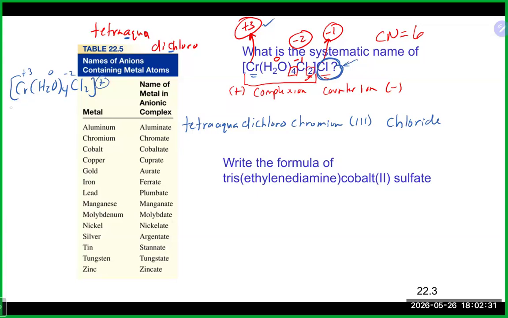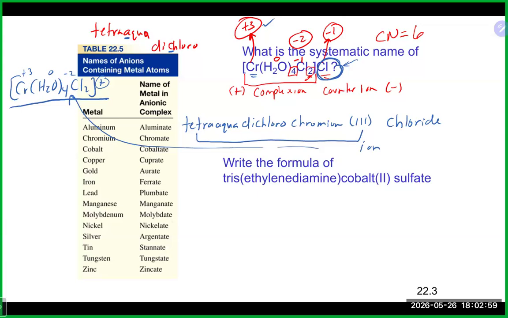By the way, if you had just this formula here without the counter ion present, this would be the name, and then you would just put ion at the end of it. So again, if you did not have the counter ion present, you would name it the same way, just put ion at the end and not name the counter ion. So if you had that, that would be like this guy here. Any questions on that there?